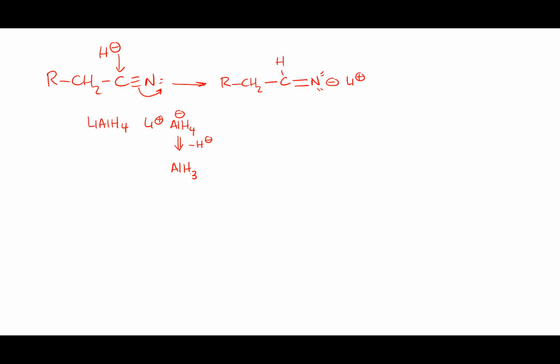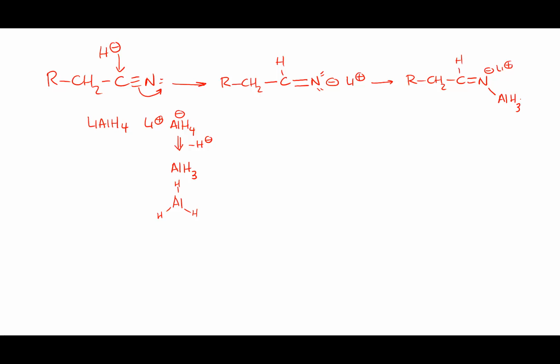Now, the lithium is going to become the counterion to the nitrogen. But then this aluminum hydride, if you remember, aluminum is in group 3 on the periodic table. So it actually could form a bond between the nitrogen and the aluminum. So I would end up with something that looks like this: a double bond to the nitrogen, the minus charge counterion by lithium, but then the nitrogen can also be attached to the AlH3.